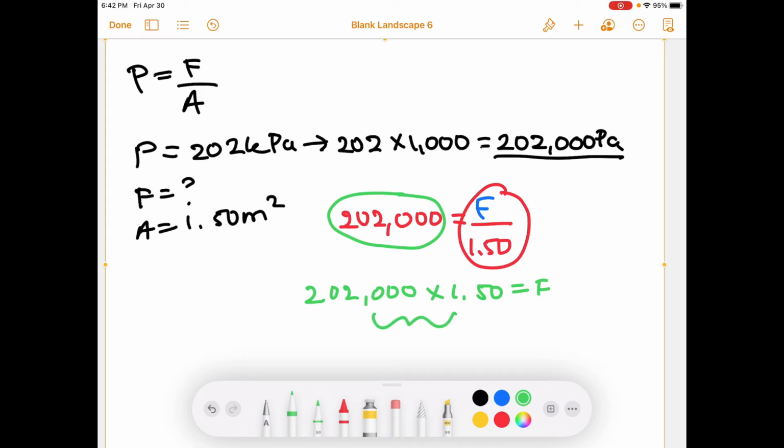This multiplied is going to give you 303,000 newtons. Don't forget that unit is going to be your force. And the 10 meters that they referred to in the problem does not matter in this case because we don't need to apply that to the equation.